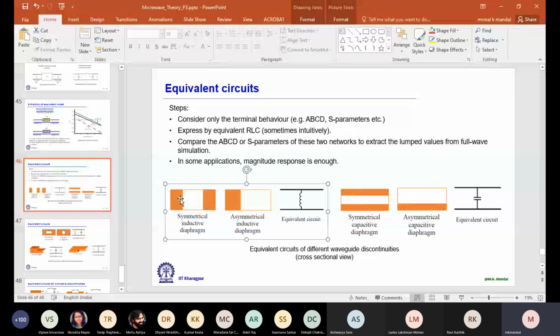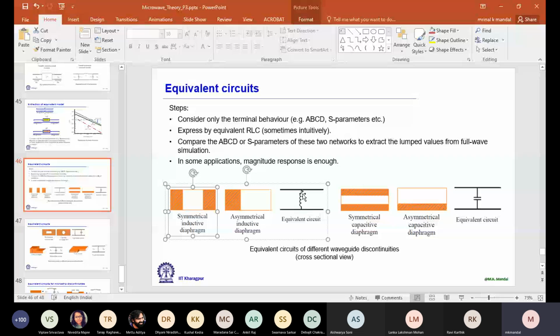In the first example, this one, left side a metal plate, right side a metal plate. So it becomes basically narrow. It's a diaphragm. It's a thin metal plate, and it is represented by shunt inductance.